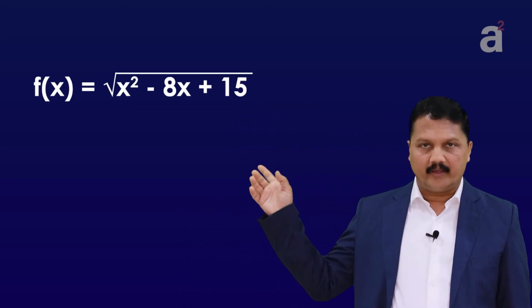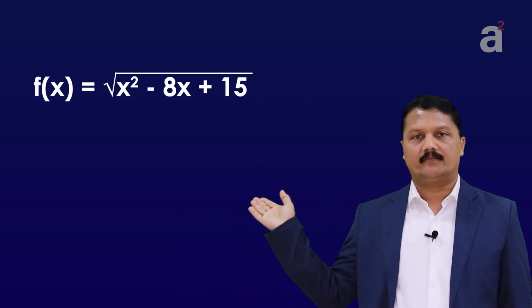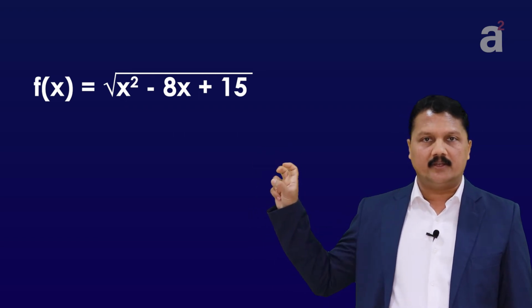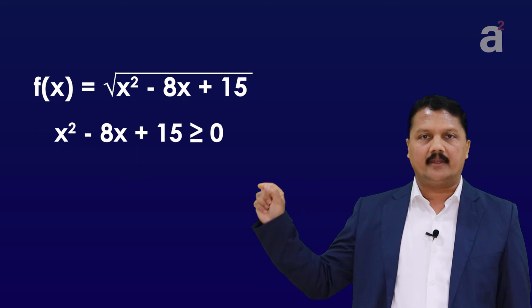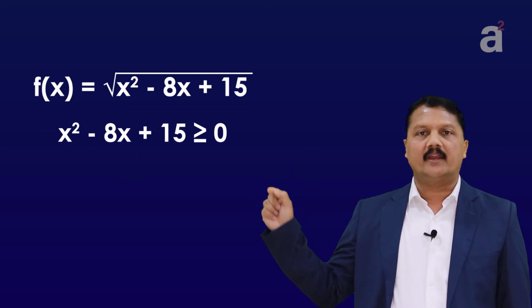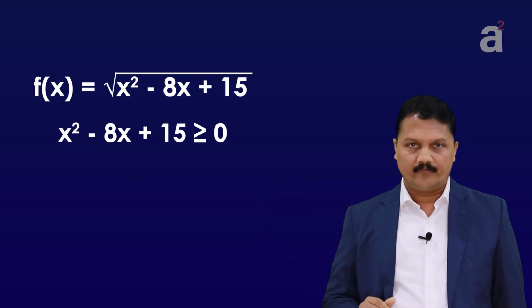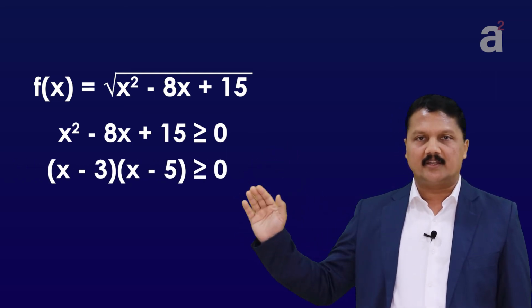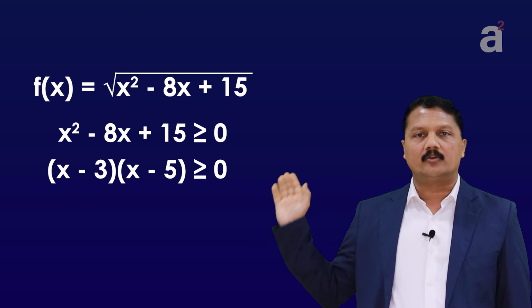Second example of square root function. Root of x square minus 8x plus 15. So the function inside root is x square minus 8x plus 15, which should be greater than or equal to 0. When you factorize, you get x minus 3 into x minus 5 is greater than or equal to 0.